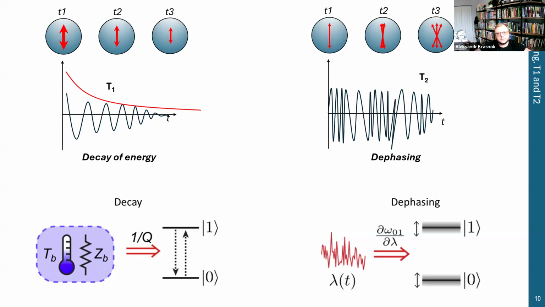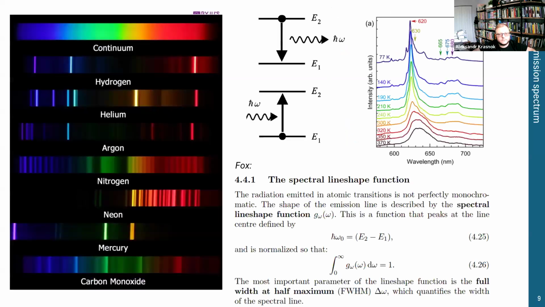Dephasing is another mechanism. For example, if we observe an atom at room temperature, because of the room temperature fluctuations, the ground state and the upper state fluctuate. And so the atom loses its phase. Okay, so the atom is dephased. This dephasing is the main mechanism of broadening the emission line here.